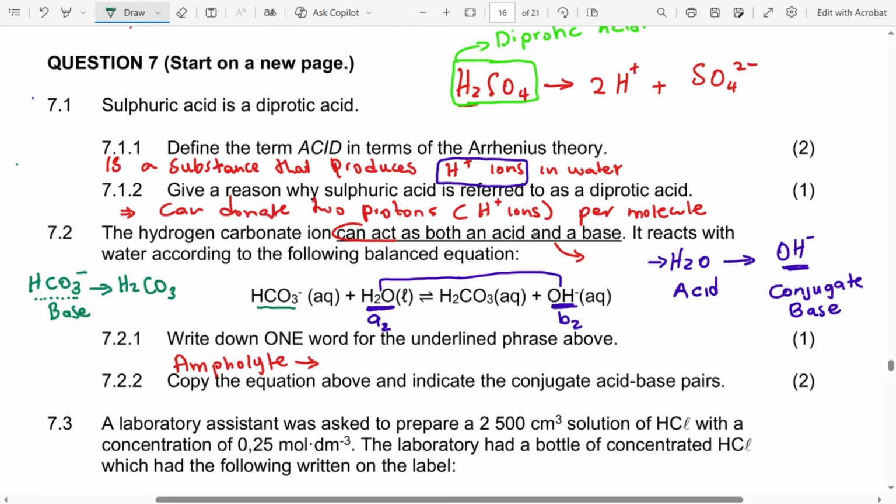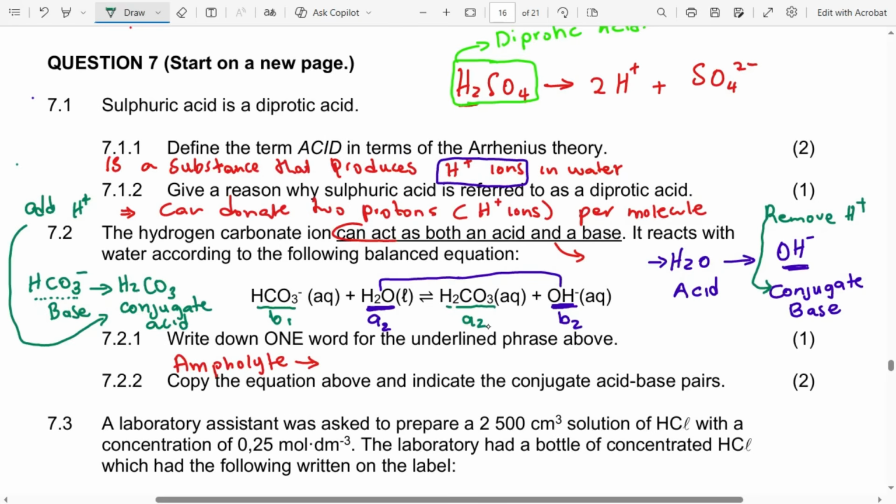Remember, when you remove the H plus, you form the conjugate base. When you add the H plus, you form what we call the conjugate acid. What I'm trying to say is that the H2CO3 is the conjugate acid. So this one is my base 1 and this will be my acid 2.